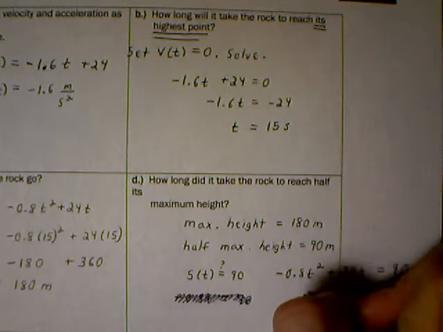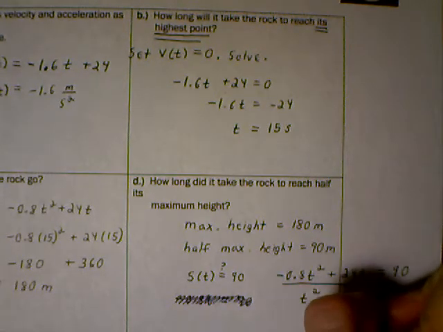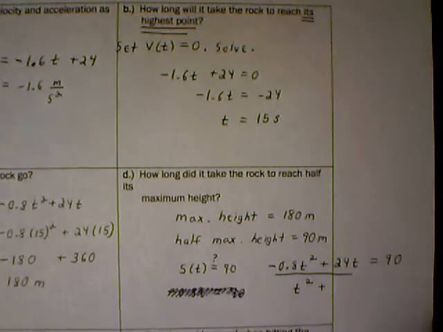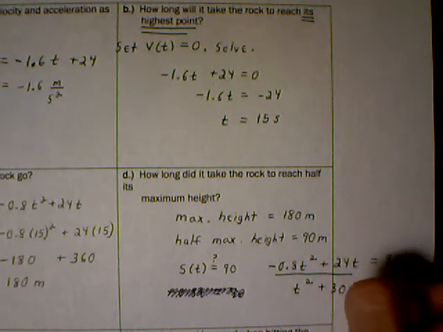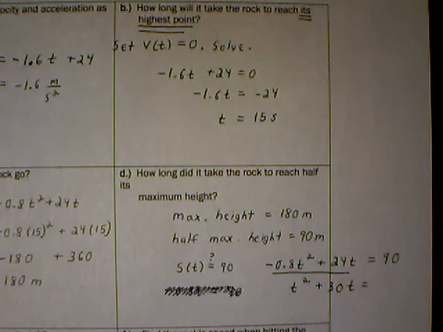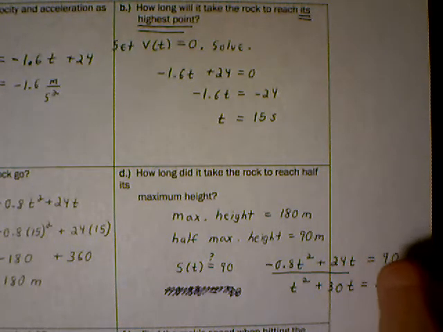All right, so let's do 24 divided by 0.8. I get 30. And 90 divided by 0.8 is 112.5.